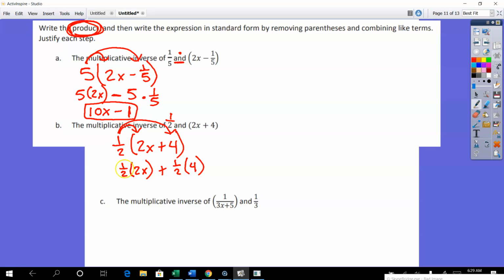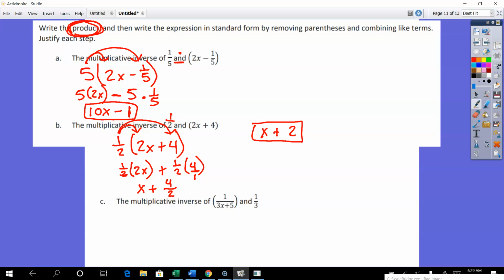So 1/2 times 2, they are reciprocals, so they equal 1, plus 1/2 times 4, so 1 times 4, just write it out so you can see it, is 4. This is over 1, so 2 times 1 is 2. So we have x plus 4 divided by 2, which is 2.